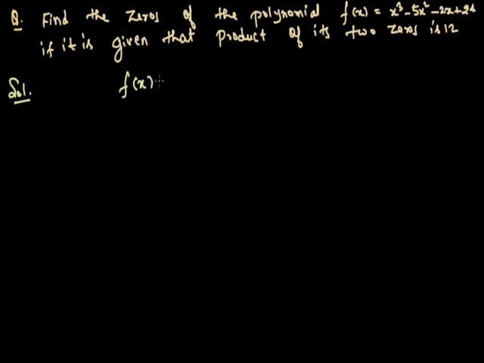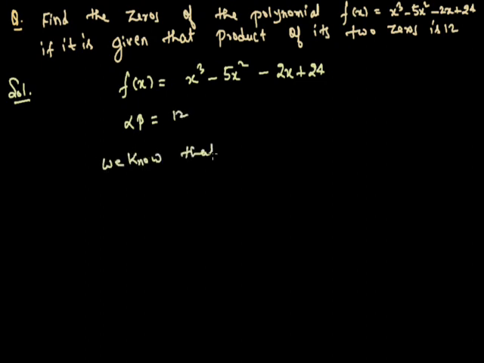Now solution for this: f(x) equal to x^3 - 5x^2 - 2x + 24. Now given alpha beta is equal to 12, we know that alpha beta gamma is equal to -24. Now alpha beta is given 12, so gamma is equal to -2.